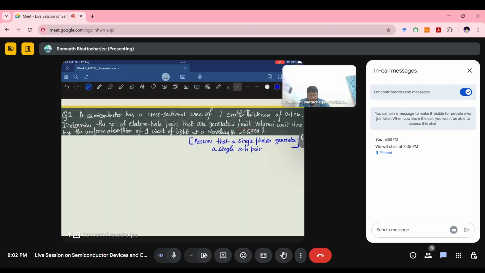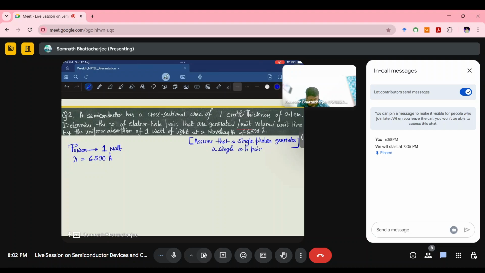So I'll give you some hints. First, we know that the power of the source that was absorbed was 1 watt, and the source wavelength lambda was 6300 Angstrom.